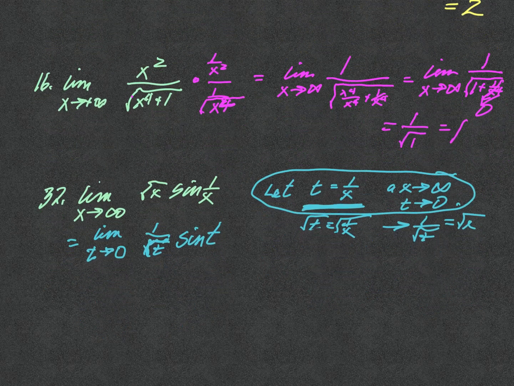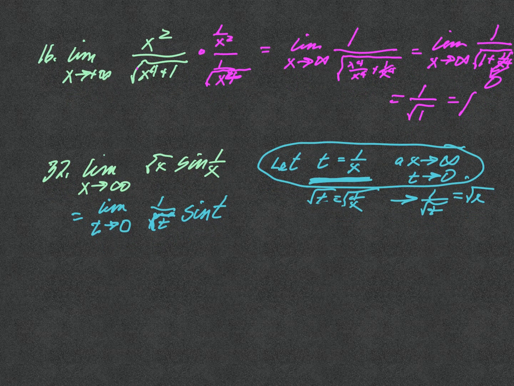Let me help with that. Let's rewrite it as the limit as t goes to 0 of sine t over the square root of t. And let's notice that 0 is less than or equal to this.